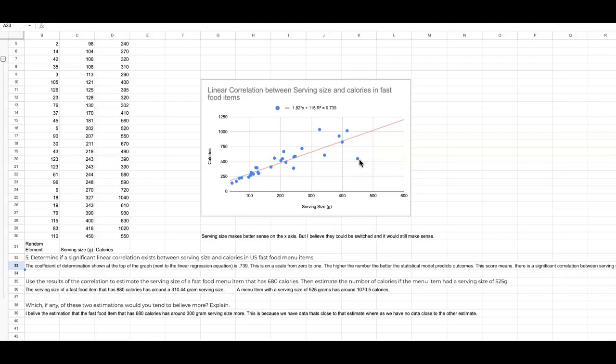So I'd say if you're trying to make a prediction, you wouldn't want to go past around a 400 gram serving size. It becomes less tightly correlated.